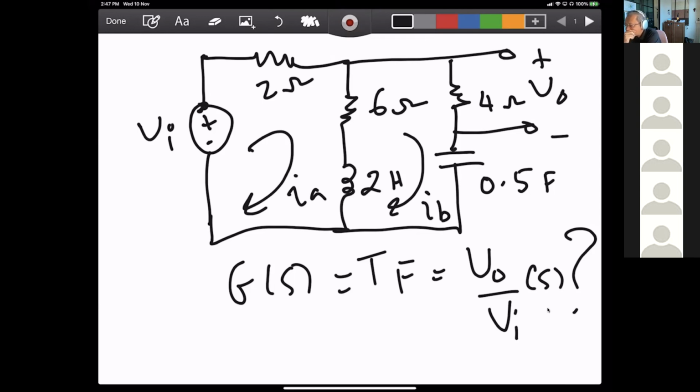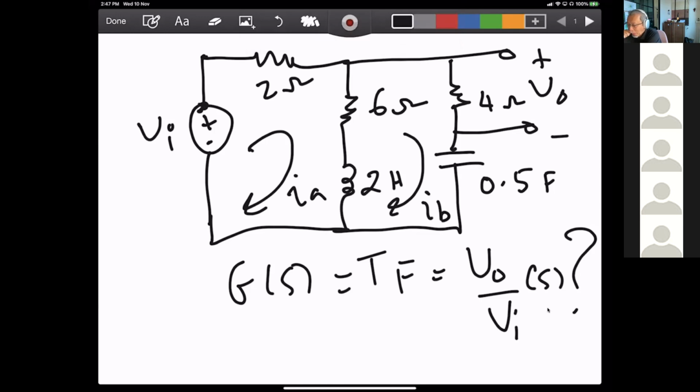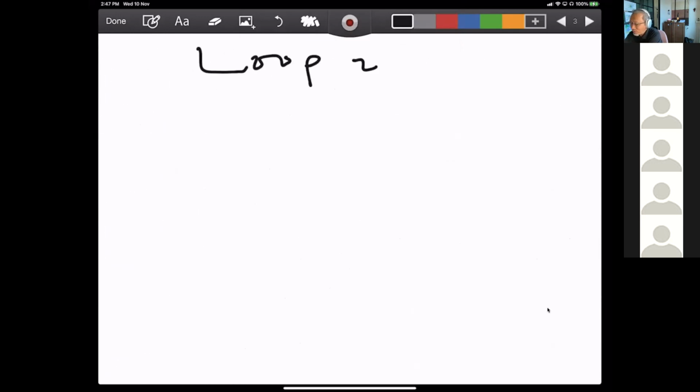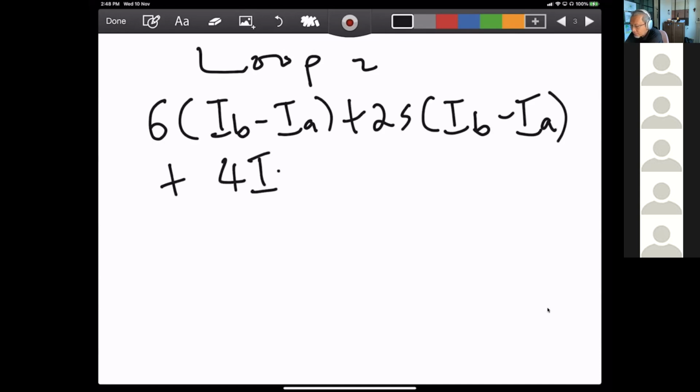Wait, I think I misread the question. Sorry, let me repeat. 6 (IB minus IA) plus 2s (IB minus IA) plus 4 IB, and then I forgot the capacitor, 1/0.5s IB.